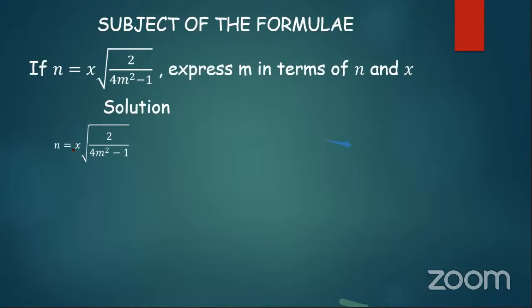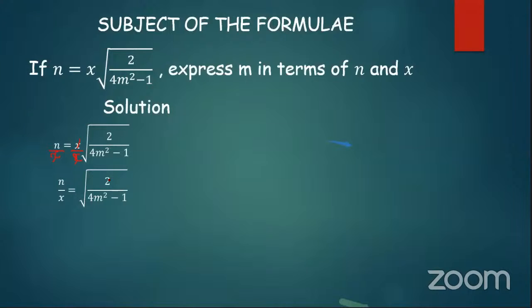But what we did, we began by dividing by x. This x and this one disappear, and then we remain with n divided by x is equal to the root of 2 divided by 4m squared minus 1.